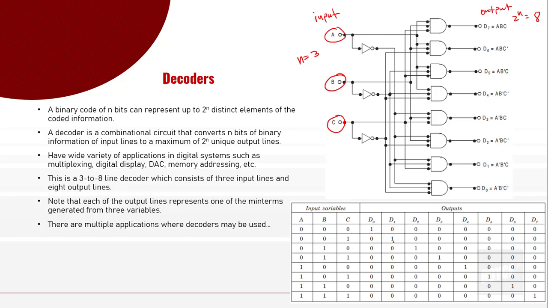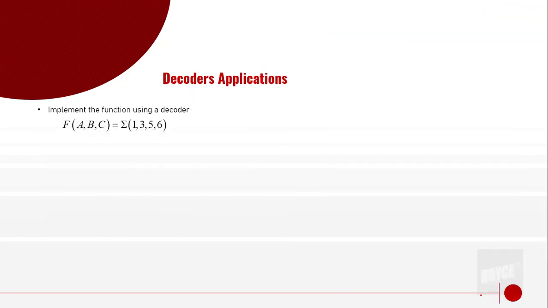So 0, 0, 1 yung logic 1, yung D1 naman. 0, 1, 0, D2, 0, 1, 1, D3, and up to 1, 1, 1 ang mag-high naman is D7. Okay, so madami pa, 3 to 8. It can also be 4 to 16 line decoder, 2 to 4 line decoder. So that is our decoder circuit.